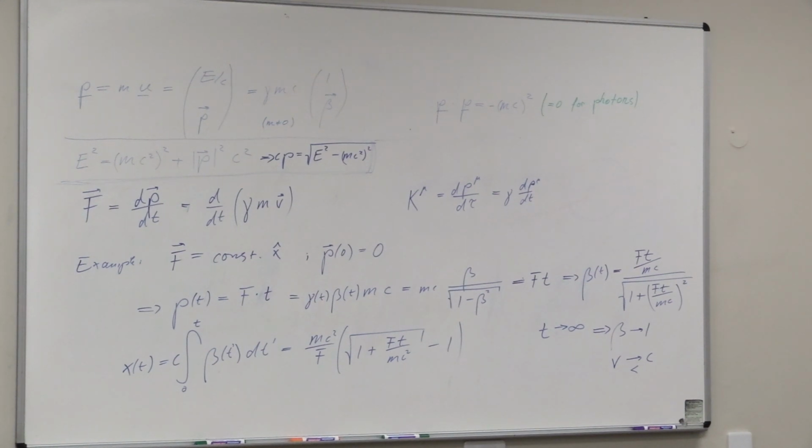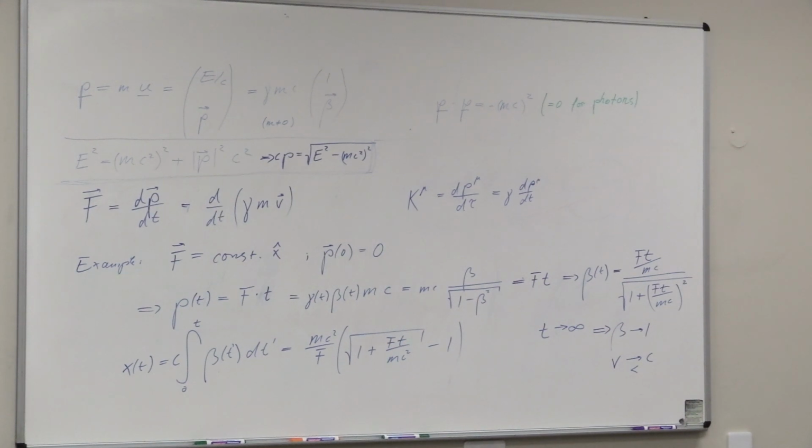Classically, the energy gain per time due to some force F was force times velocity, F times u, which of course we know is dp over dt times u.